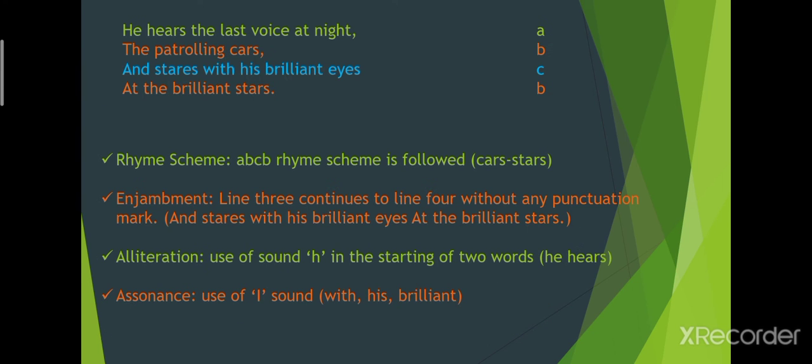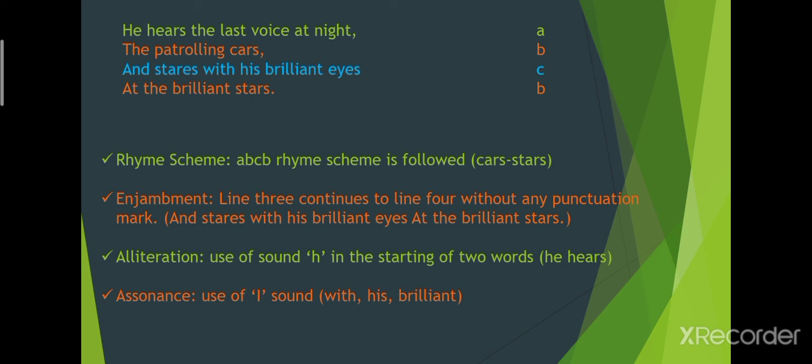And going to the next stanza. In this rhyme scheme, A, B, C, B, as usual, the second line last word and the fourth line last word give the same sound, cars, stars. So we use the same letter for them. And alliteration, which we just discussed, but here the poet had used a different sound, H. So how can you say that the poet had used alliteration?